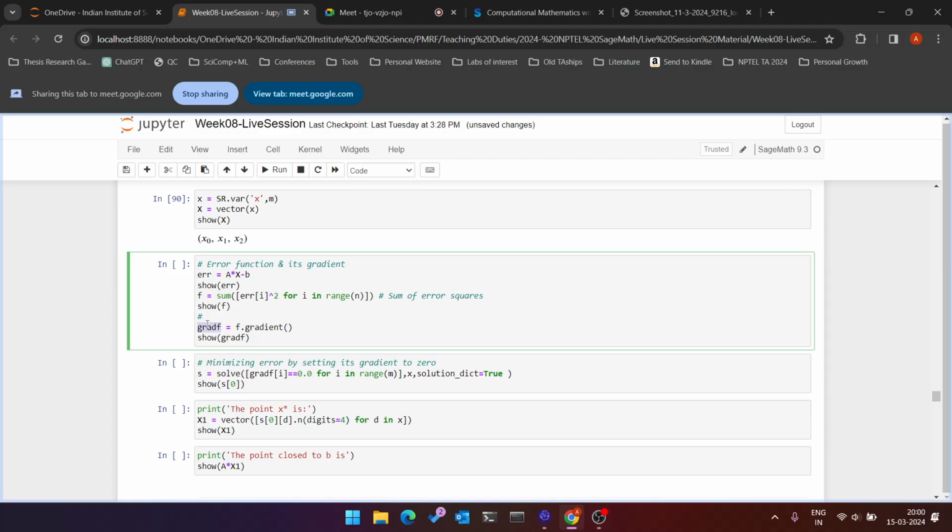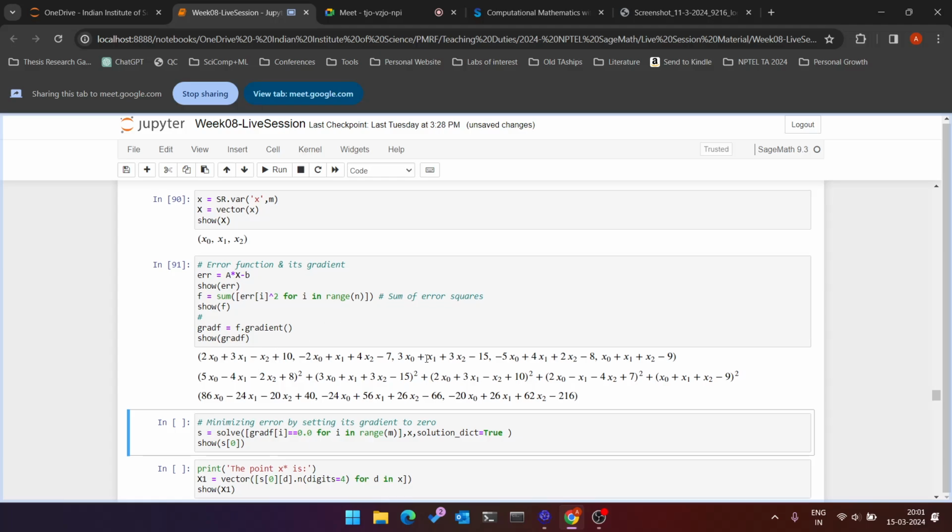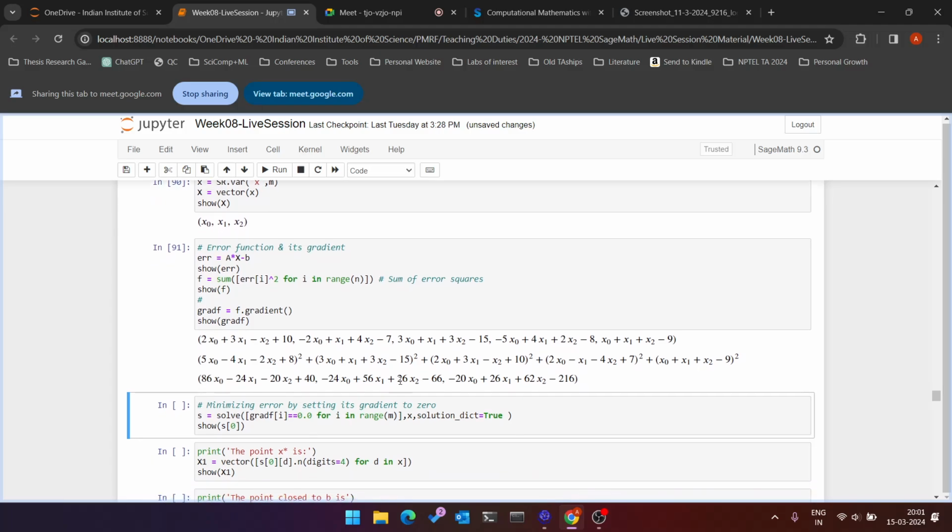And next we calculate the gradient of f, with respect to x0, x1, and x2 variables. If I print all this, this is how my error term looks. My error is a 5 by 1 vector. My function f is the sum of squares of all the 5 terms of the vector, and then I calculate the gradient of f, basically the gradient of the sum of squares of error.